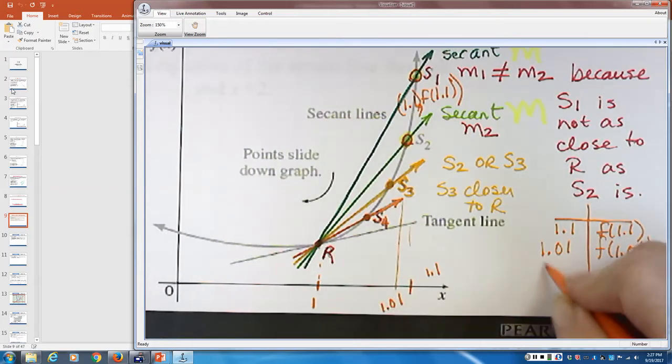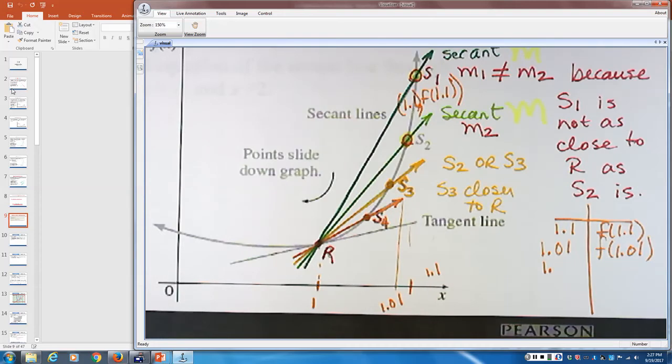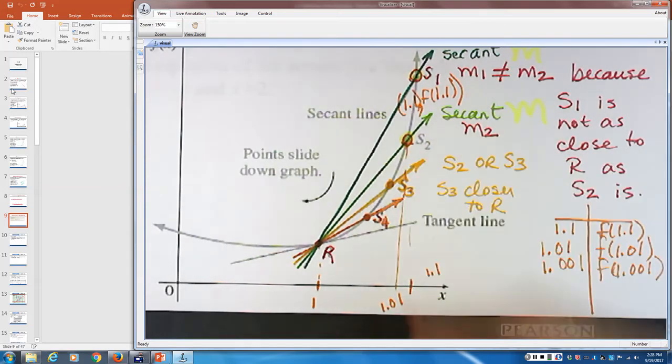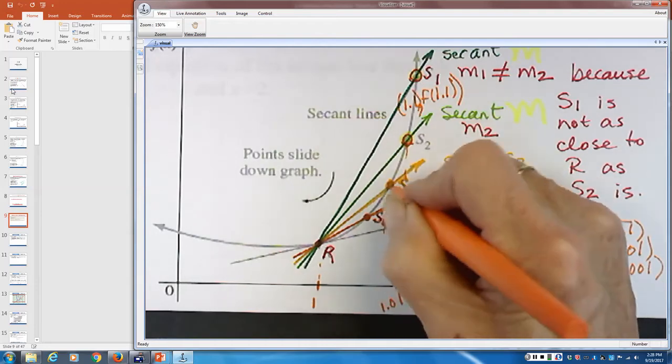And then you move closer by, what did you do to the next one? How did the next one look? Okay, 1.001. So we found a y value for 1.001. Well, then that point was 1.1. Now here's 1.001.